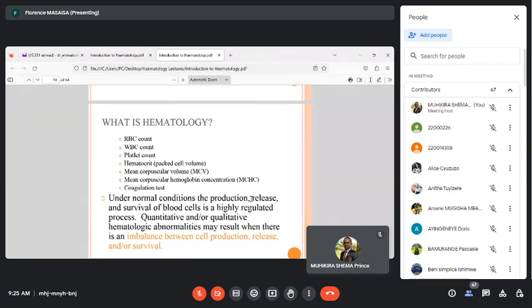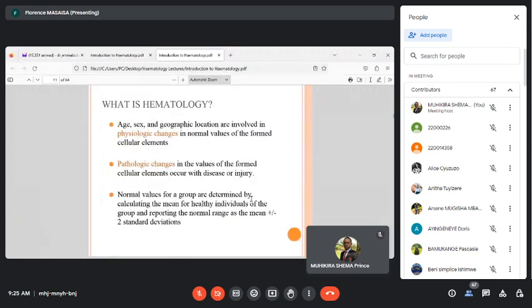So when there is increased destruction, the patient may have a cytopenia, which means decrease in cell count, or if there is the decreased production, so the patient may also have cytopenia, meaning that we need to have a balance between cell production and cell destruction.